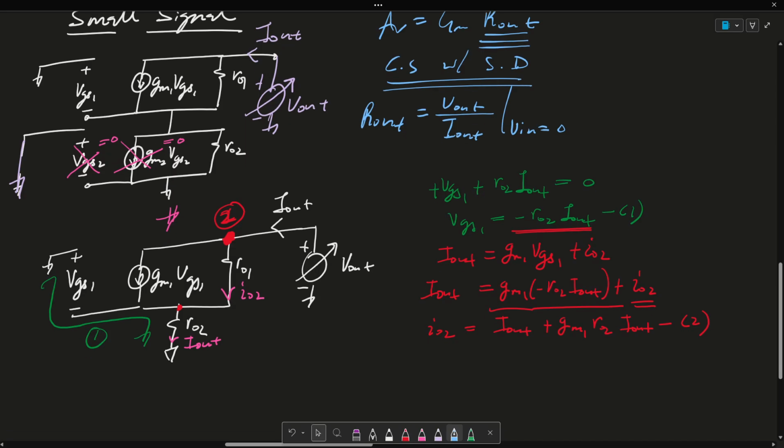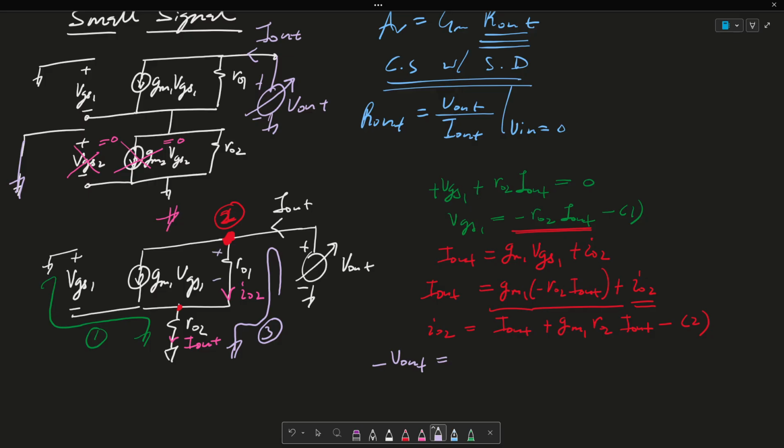All right. And then last but not least, I'm going to do a KVL right here. Let me call this loop 3. So minus V out equals, so this is plus minus, minus V out plus RO1 IO2 plus RO2 times I out.